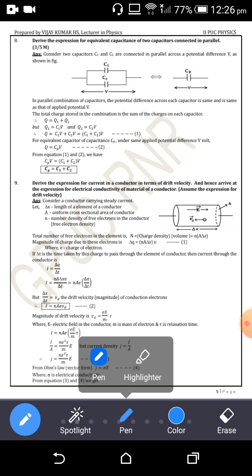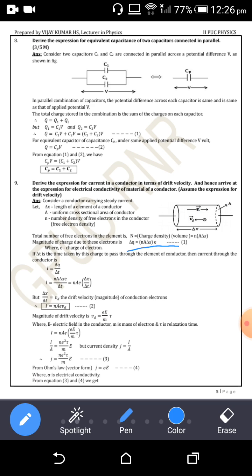So you can write I is equal to delta q divided by delta t. The value of delta q is nAΔx into e. So I is equal to nA delta x into e divided by delta t, which is equal to nAe into delta x divided by delta t.